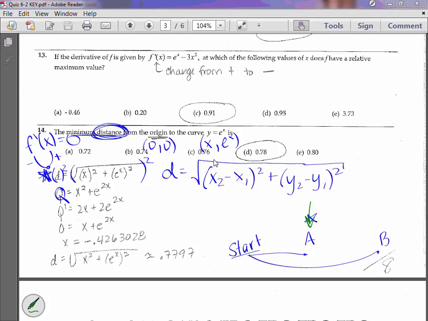Do you guys agree with that? Whether I'm looking at just the distance or the distance squared, the minimum is going to occur at the same spot. If this is the smallest distance, then the smallest distance squared is still going to be where the smallest distance was. So that's the approach the key took. They said, okay, I want to minimize distance, and that's going to be the same as minimizing my distance squared.